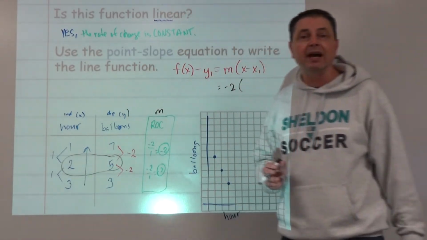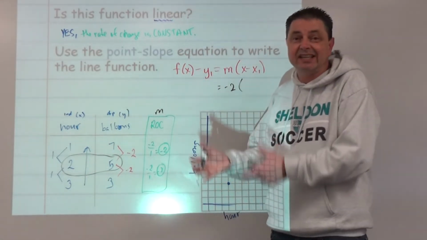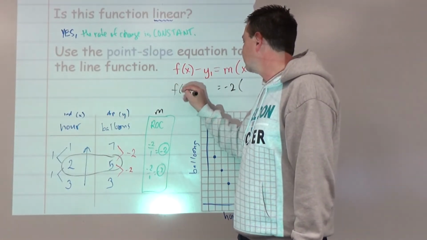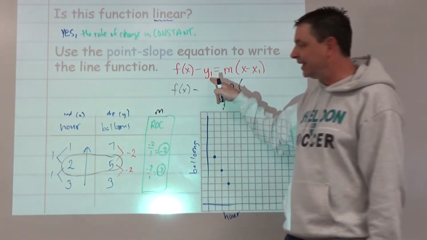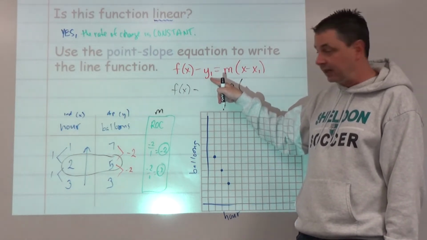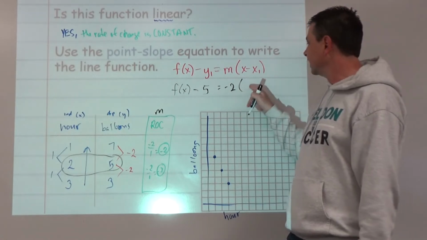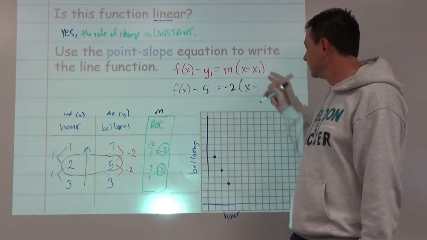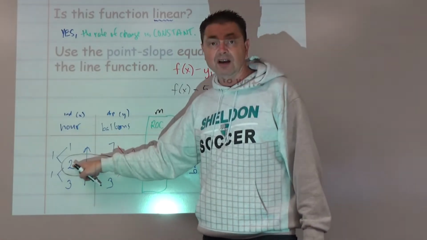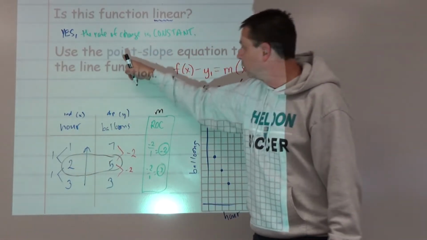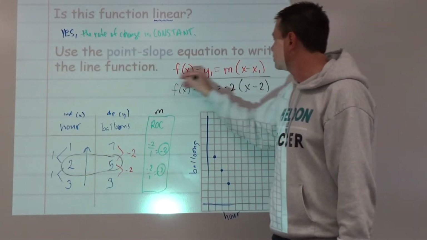It doesn't really matter. It's all going to get us to the same place in the end. So we would say f of x minus the y coordinate of the point that we picked, that would be the 5, is equal to negative 2 times x minus the x coordinate of the point that we picked, that would be 2.